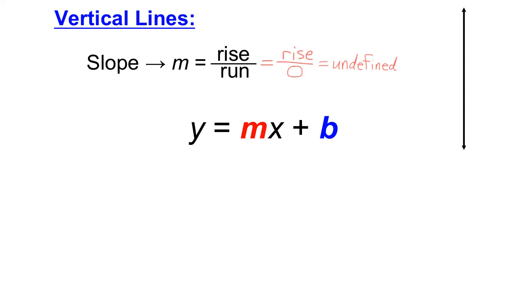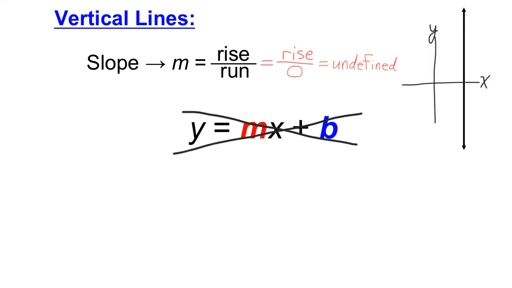So because we're not going to write it in y equals mx plus b format, because that doesn't make any sense, we have to write it in a different way. Well, if I imagine a set of x and y axes, and I have a vertical line, that vertical line can have an infinite number of y values because it goes off in either direction, up and down. But what about x values?